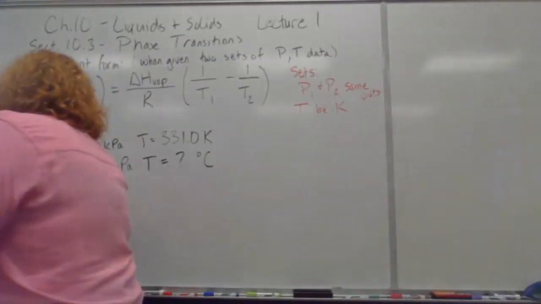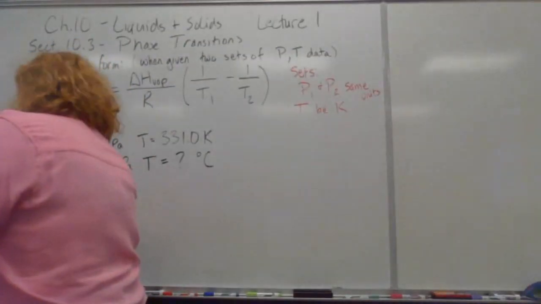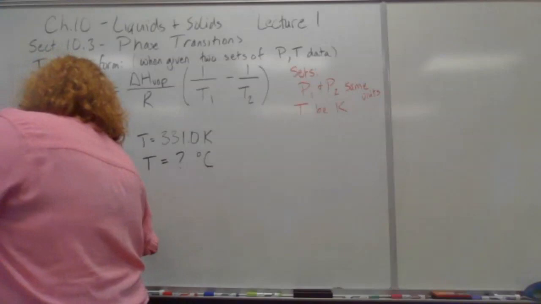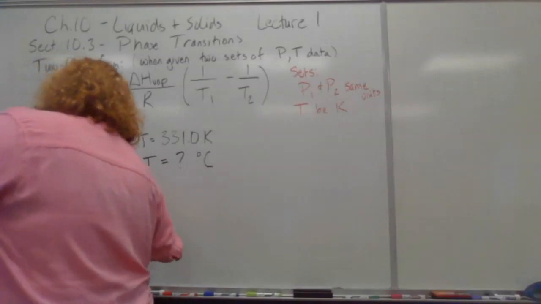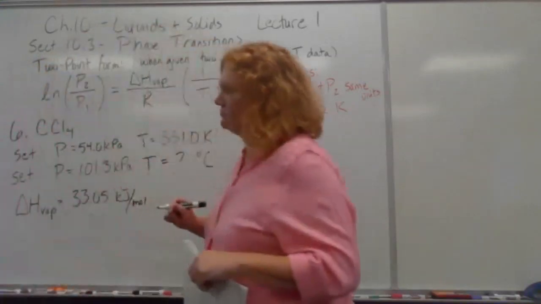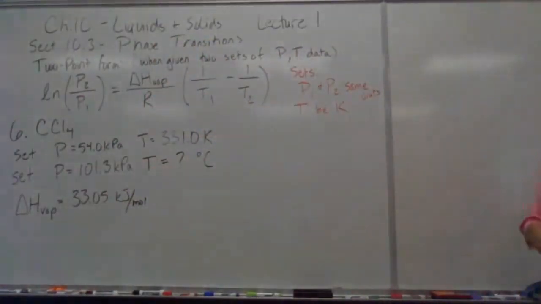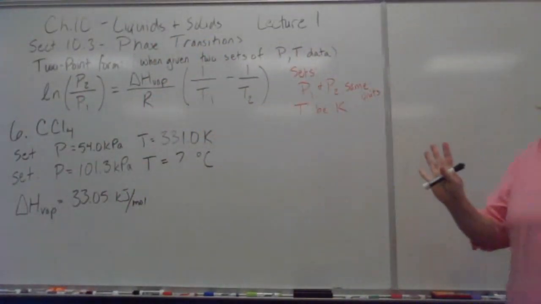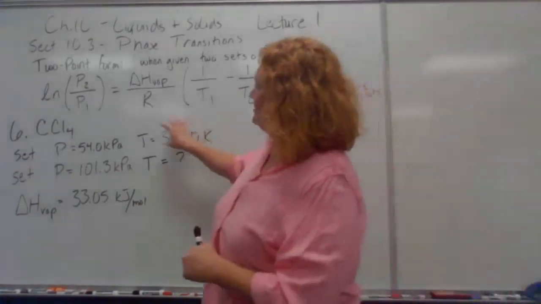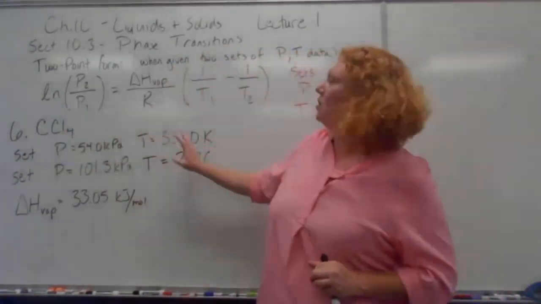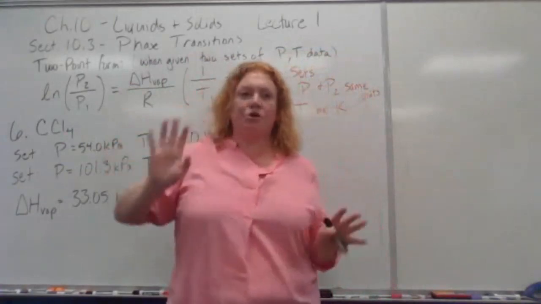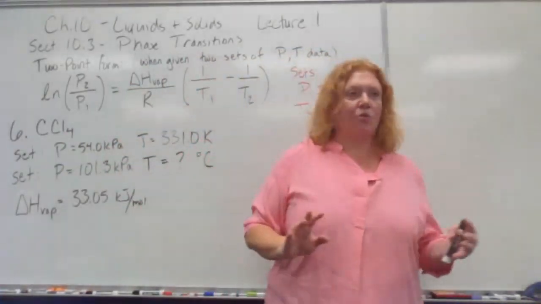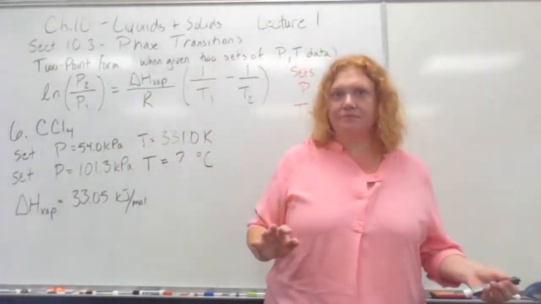I gave you the enthalpy of vaporization, 33.05 kilojoules per mole. Does it matter what set you call set 1 and what set you call set 2? No, it does not matter.